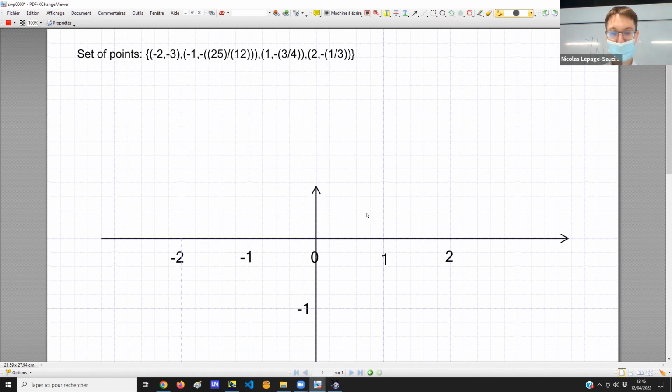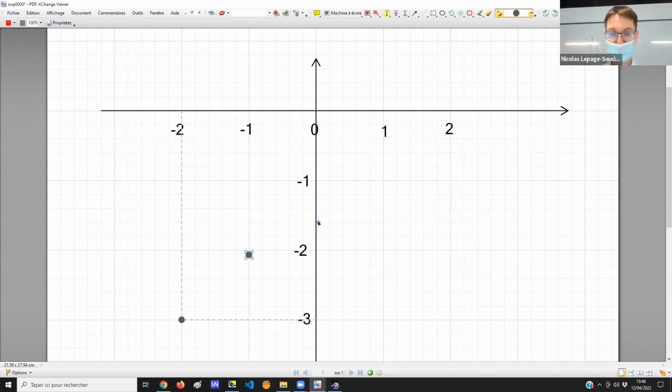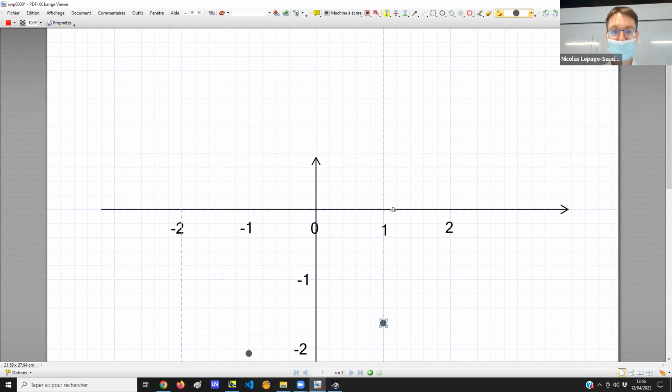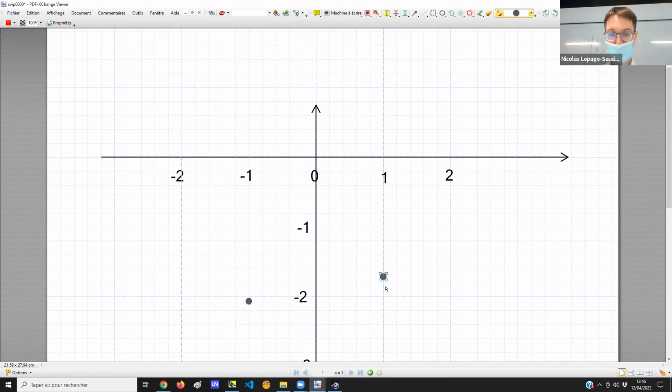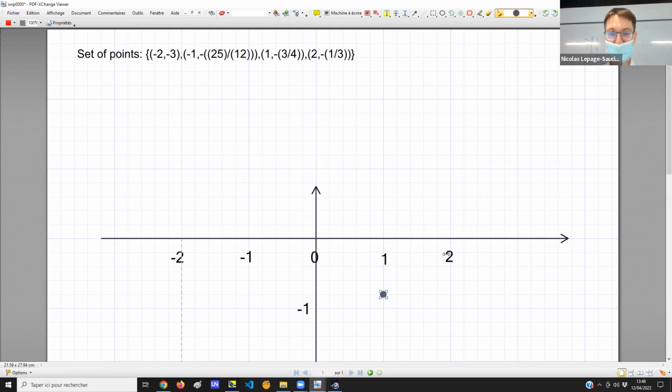+1 and -3/4. So that's -0.75. So it's not here. And then -1/3. Oh yeah, no, I was doing -1.75. Yeah, and then -1/3. So about here.